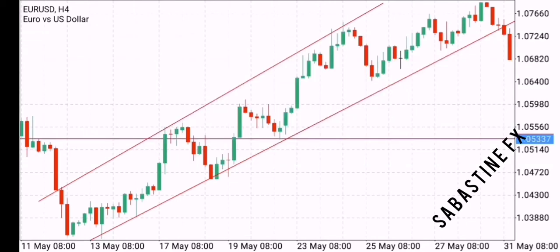Let me explain this. Let's say you traded GBP to USD. That means pounds as the base and USD as the quote, and you place a buy order. That means you are expecting the price to appreciate, to rise. Of course, when you open the trade, it starts going the direction you wanted.